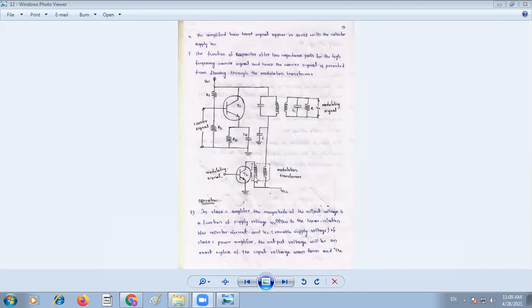The modulation transformer's role is that when the primary signal is varied by the modulating signal, the secondary windings change accordingly. That secondary signal is given to the carrier signal. Now this carrier signal is at the tank circuit, and the tank circuit carrier signal is produced through the modulation transformer variations.